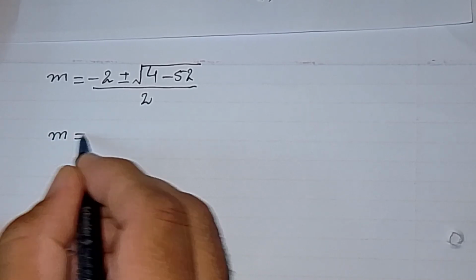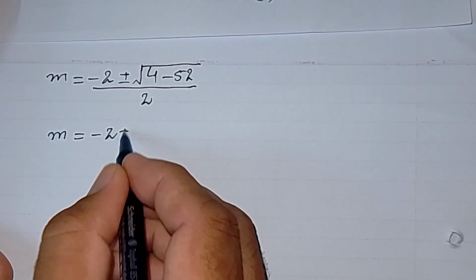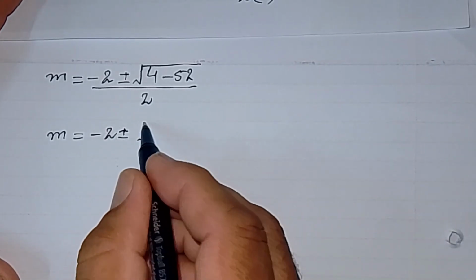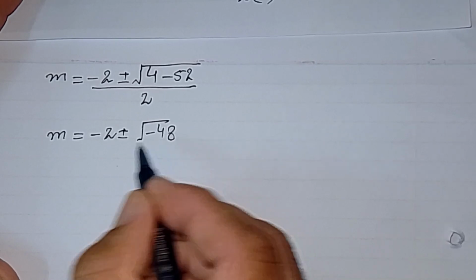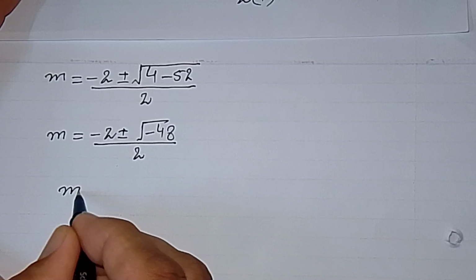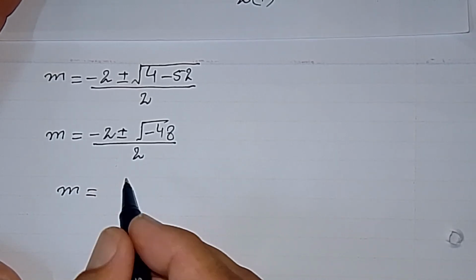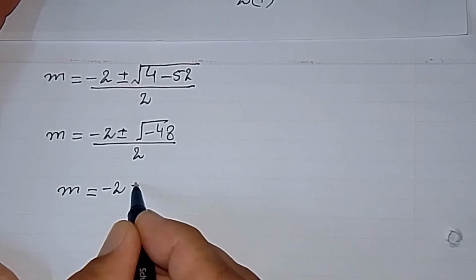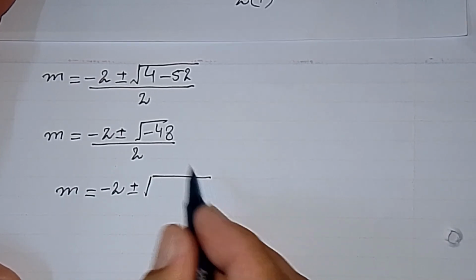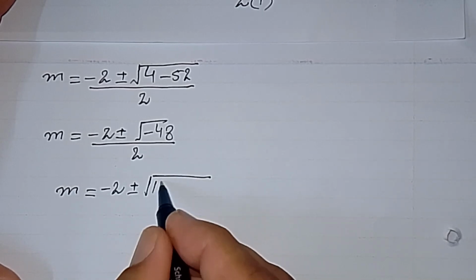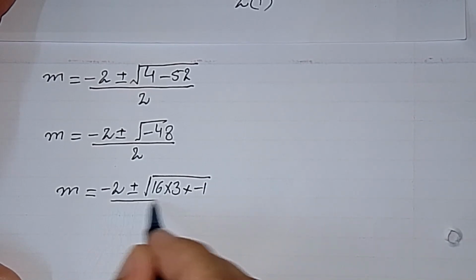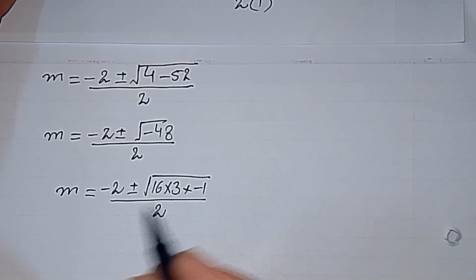m is equal to minus 2 plus minus under root minus 48 over 2. Now m is equal to minus 2 plus minus, we factorize 48: 16 into 3 into minus 1 over 2.